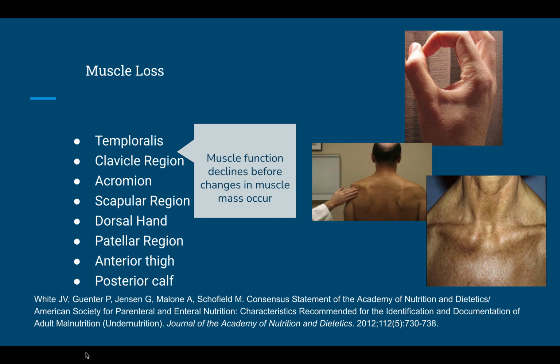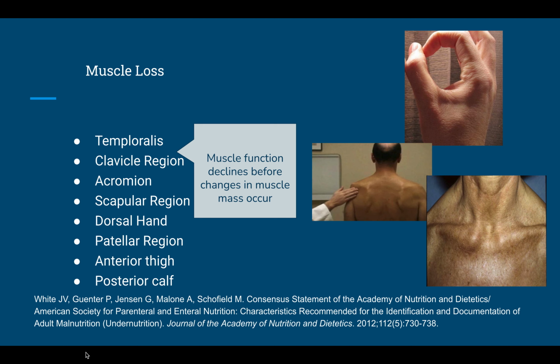With the muscle loss, the places that we're going to look at are the temporalis, the clavicle region, the acromion region, the scapula, the dorsal hand, patellar region, anterior thigh, and posterior calf.